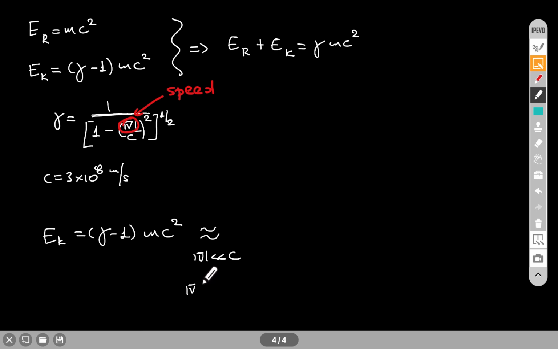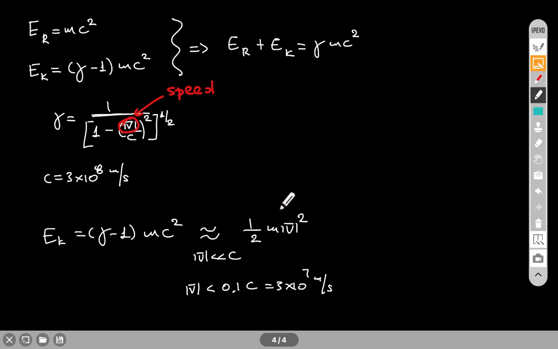Essentially, if you have a speed that is less than 10% of the speed of light, that will be 3 times 10 to the 7 meters per second. So for speeds less than 3 times 10 to the 7 meters per second, essentially this can be approximated as 1/2 the mass times the speed squared.